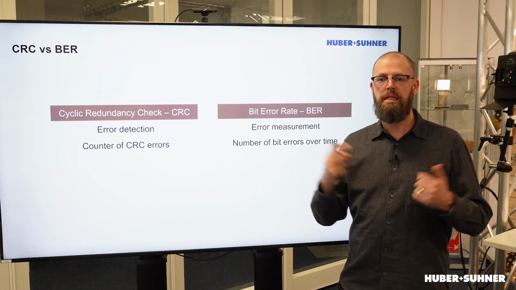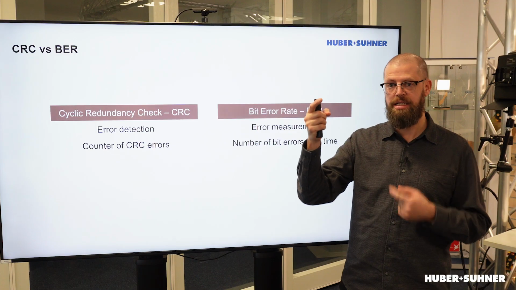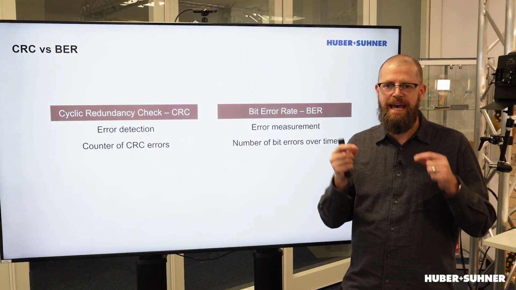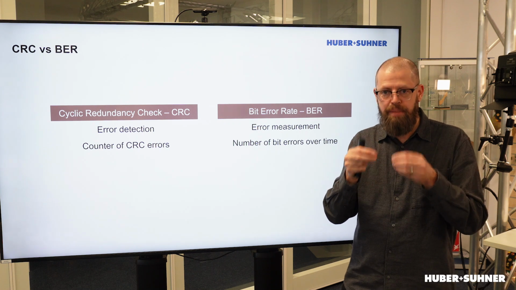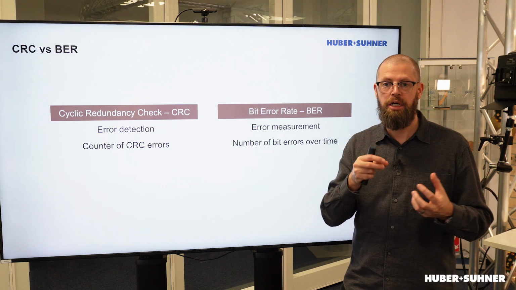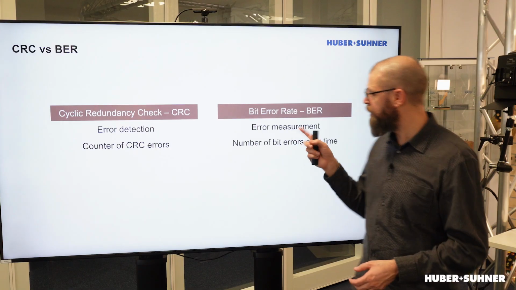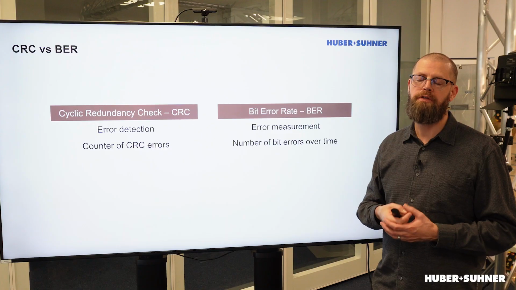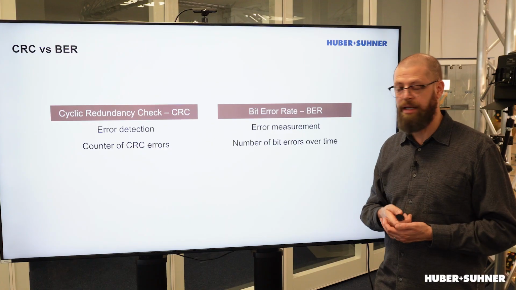In other words, the number of times the calculated and the received CRC value was different. But it doesn't tell us anything about how many bits in that data package were faulty. Whereas the bit error rate literally is the number of faulty bits over time.